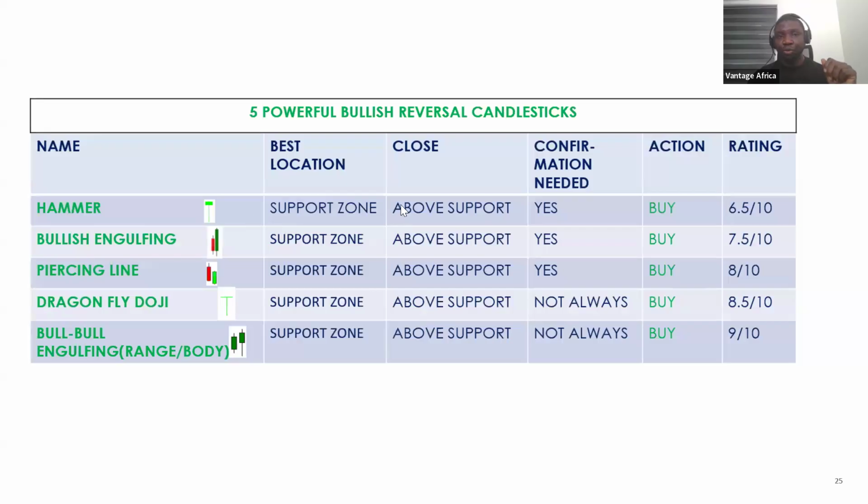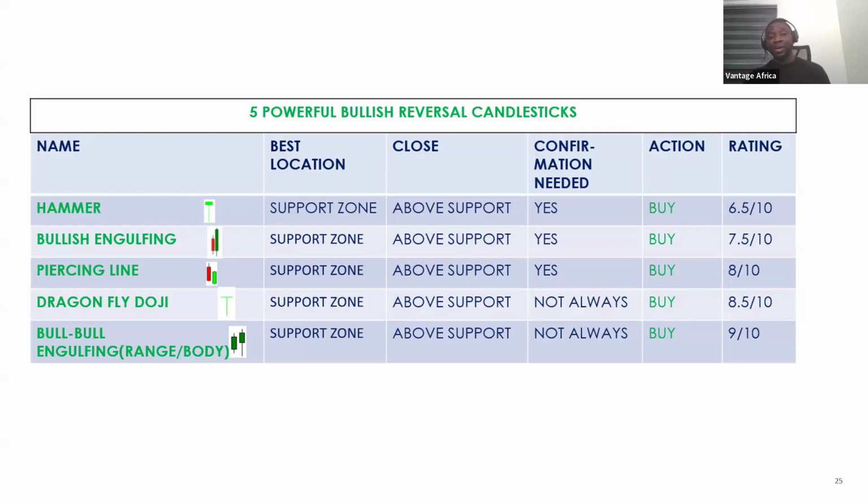So if it's a support zone and you see this, then that is a good sign that the market is about to do what you expect, which is buy. The engulfing pattern is the same thing. When you see a red candle followed by a huge green candlestick at a support zone, that is telling you to buy. It's a good signal for you to buy.